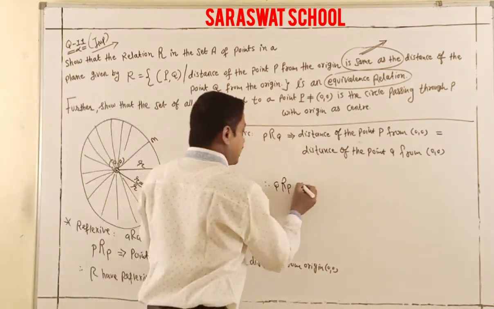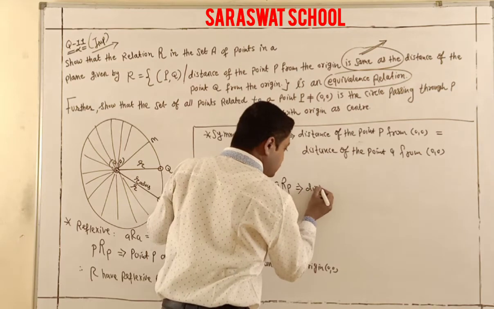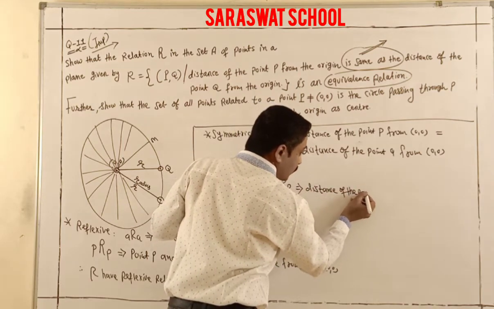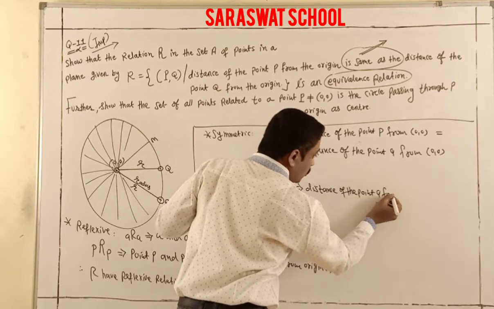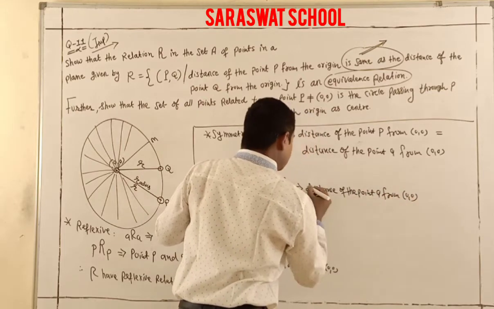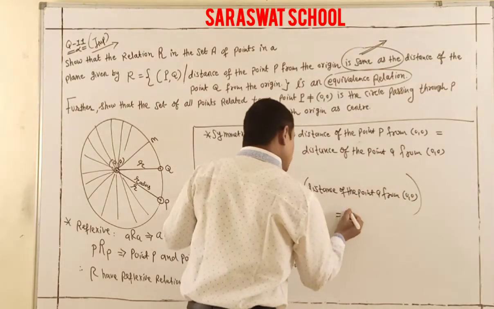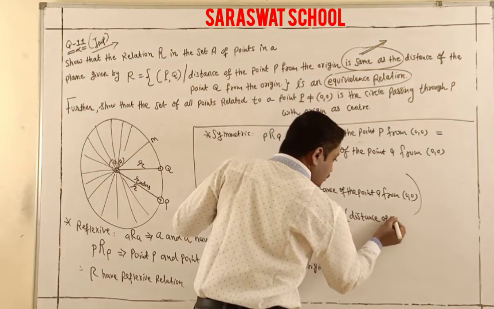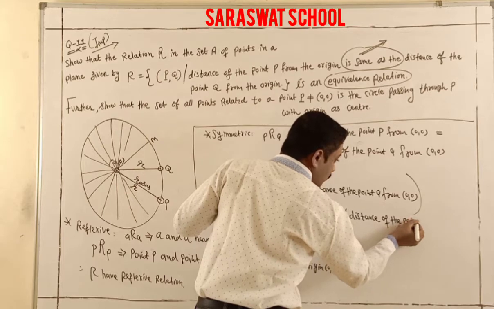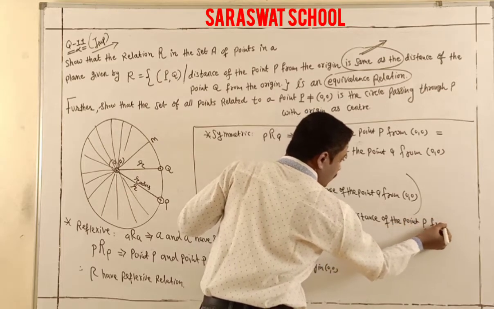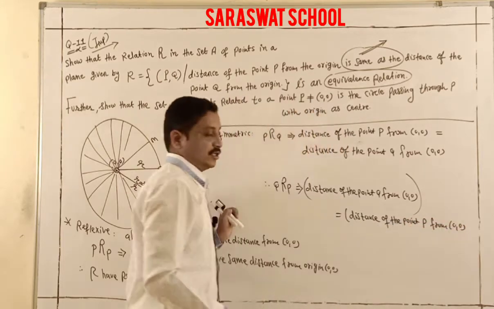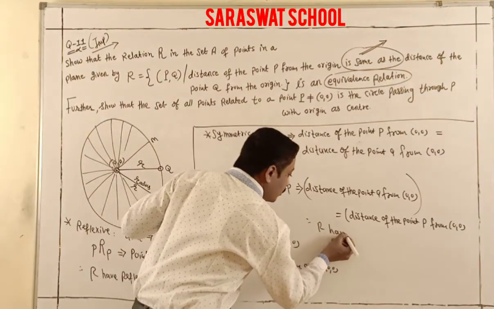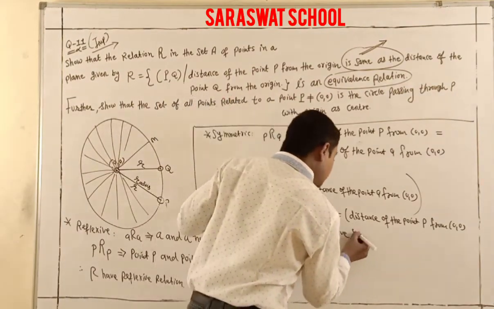So similarly I write the distance of the point Q from the origin is equal to the distance of the point P from the origin. It is the same. Therefore, R has what? Symmetric relation.